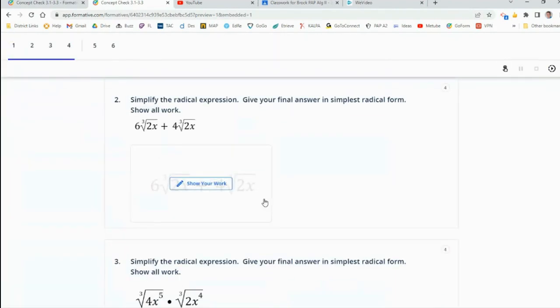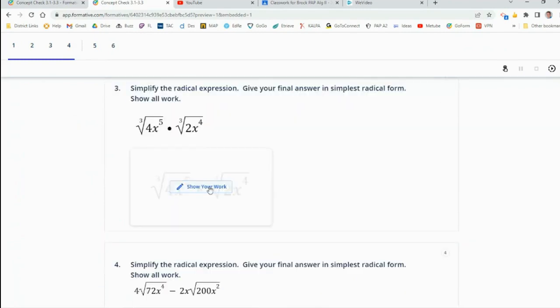Then you have this one, simplify this. You've got 6 cube roots of 2x plus 4 cube roots of 2x. Show your work. Here you have 2 multiplied together. Cube root of 4x to the 5th times the cube root of 2x to the 4th.